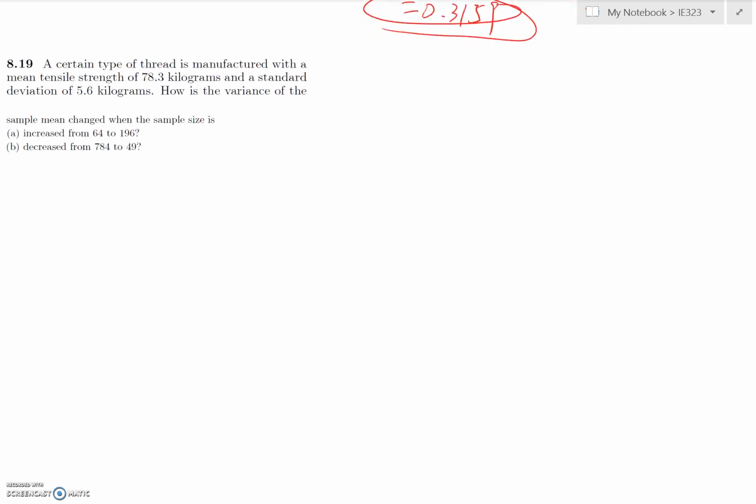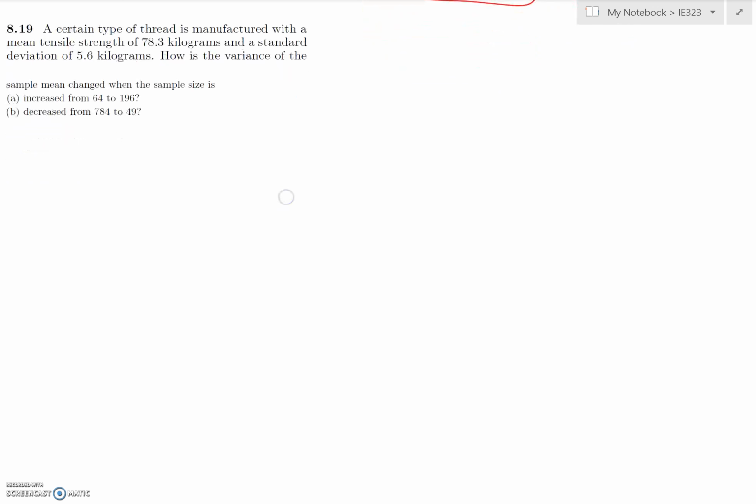A certain type of thread is manufactured with a mean tensile strength of 78.3 kilograms and a standard deviation of 5.6 kilograms. So we want to know how the variance changed when the sample size changed. Okay?